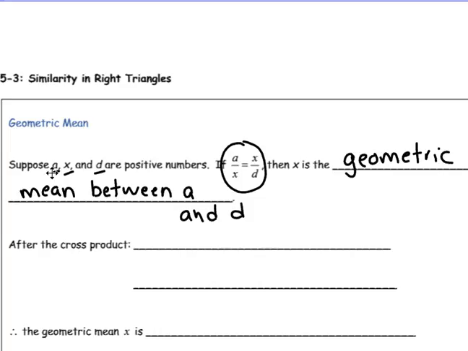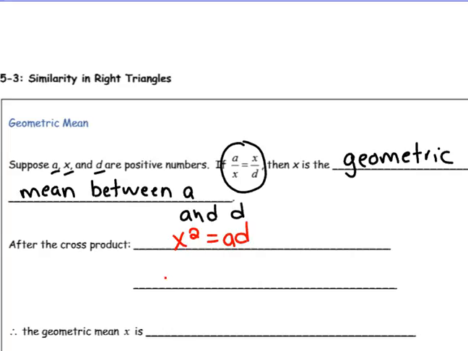So let's say we want to solve this proportion for the variable X. Now, the first thing we're going to do is we're going to cross multiply. So we get X squared equals A times D. Then the next step is we'll be taking the square root of both sides.